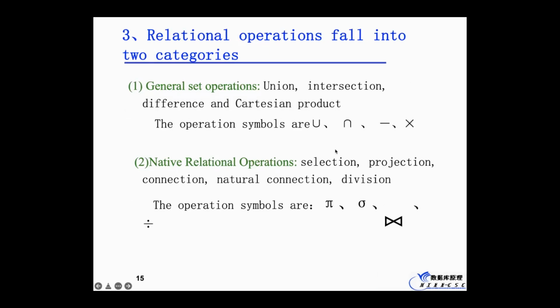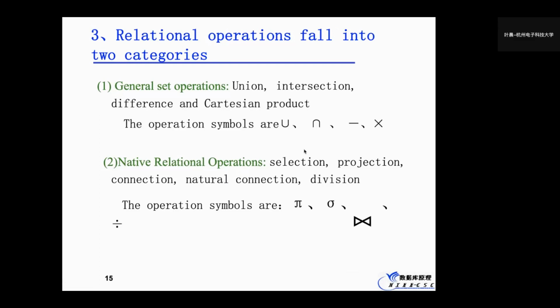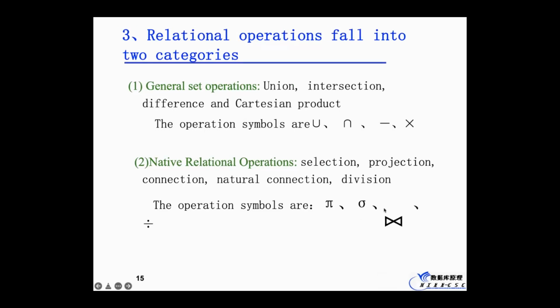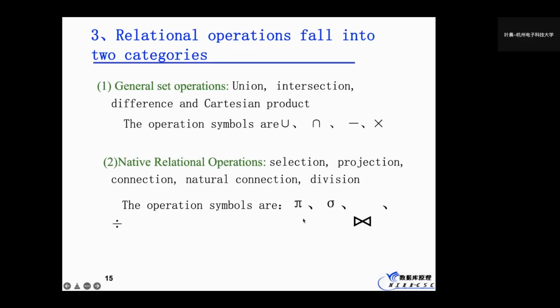And then another is the specific relation operations, which include the selection, projection, connection, and the natural connection and division. So the operation symbols are like this. The selection is like this, the projection is here, this symbol, and the connection and natural connection is here like this, and the division is here like this.